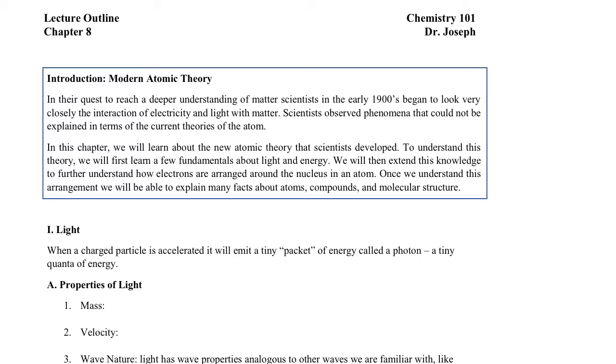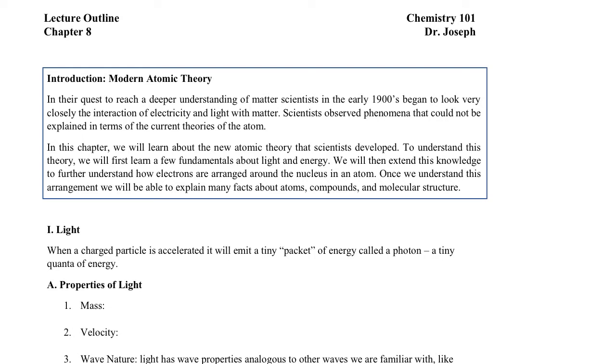We're going to look at what's called the modern atomic theory. So modern atomic theory, that's what Chapter 8 is all about. The reason why we're learning the modern atomic theory is that it will give us the ability to understand why some of the things that we have seen so far, like the charges of different nonmetals and metals being what they are, so it will give us some insight into why that happens and how it works.